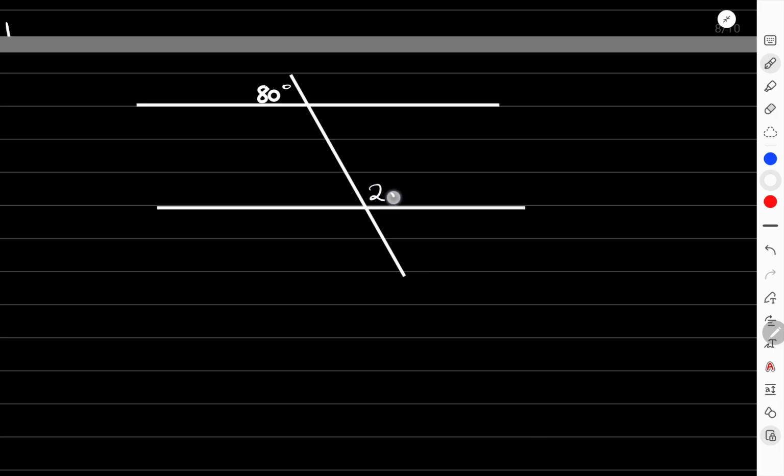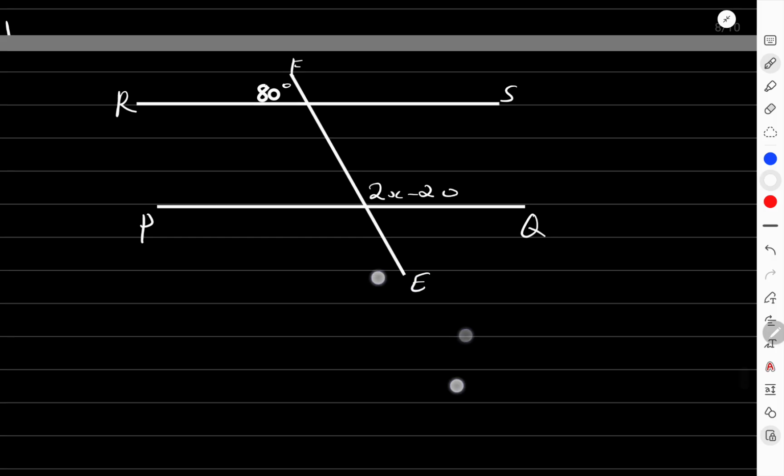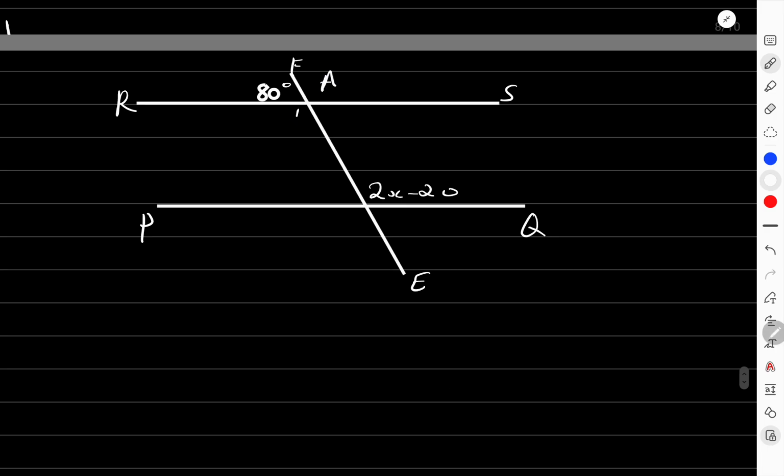Here I have 2x minus 20 degrees. I have R, S, P, Q, F, E. I'm required to calculate the value of X, but then here I have A1. It is not an angle of 1 degree.